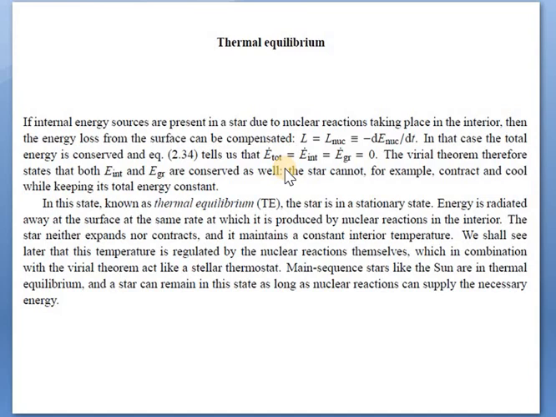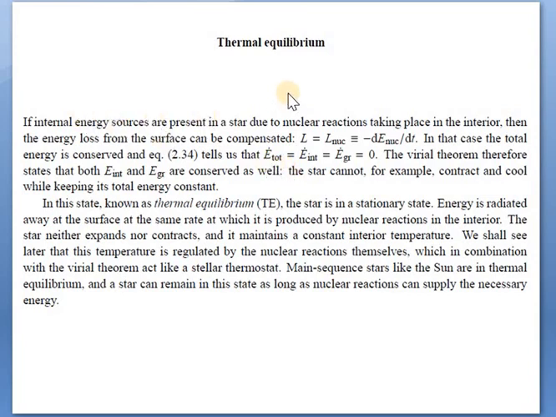Again, review it; we have already discussed it previously. Do note that main sequence stars like the Sun are in thermal equilibrium, and a star can remain in this state as long as the nuclear reactions are there to supply the necessary energy.